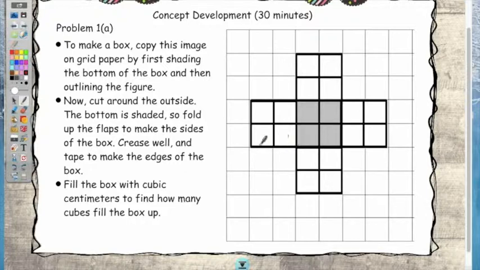This side is how many layers? 2 layers, okay? This figure is hard to imagine the volume of. But once you make it and you fold it, then you can see what we're talking about, okay? So the next one, if you didn't get your prediction right on this one, the next one you probably will, okay?